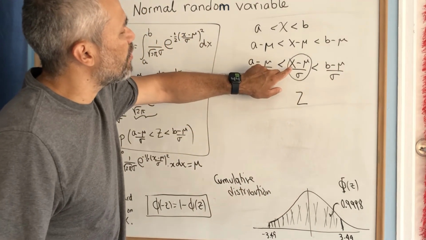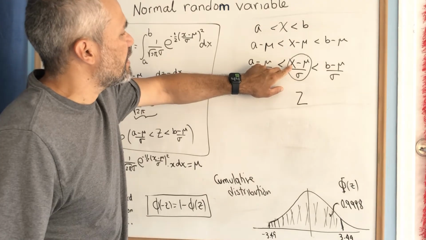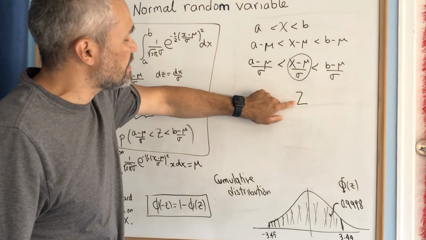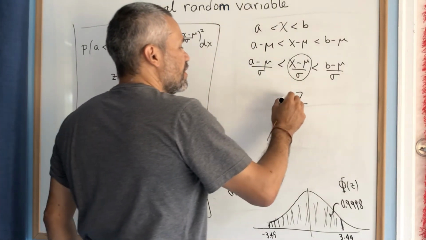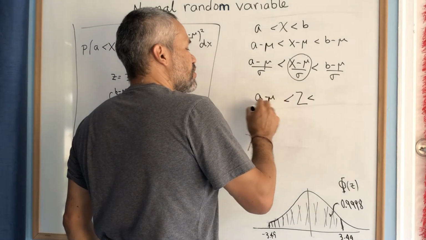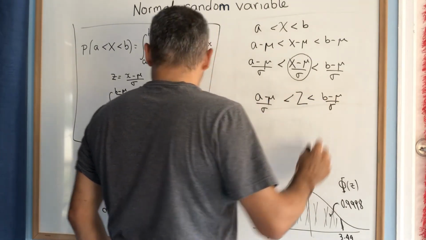This random variable has an expected value equal to 0 and a standard deviation equal to 1. Then this is the one that we can get from the table. And then this is just A minus mu over sigma, B minus mu over sigma.